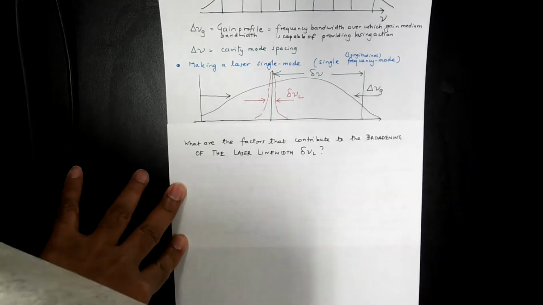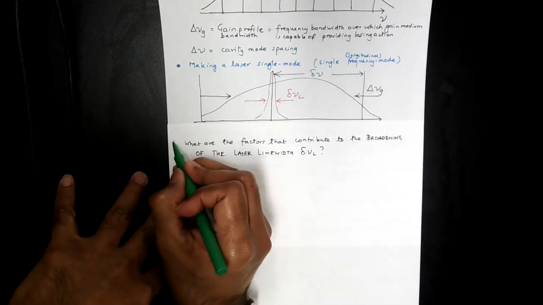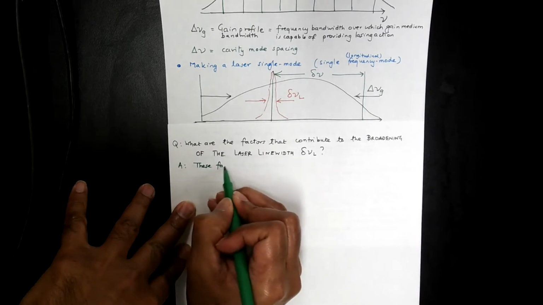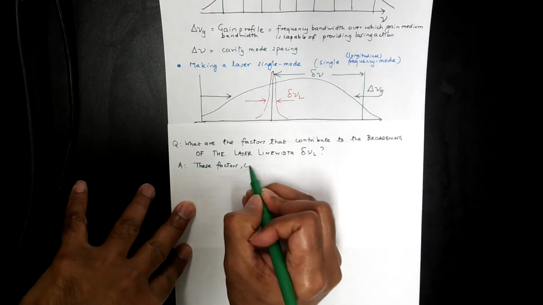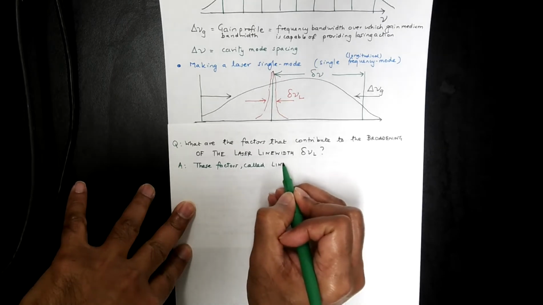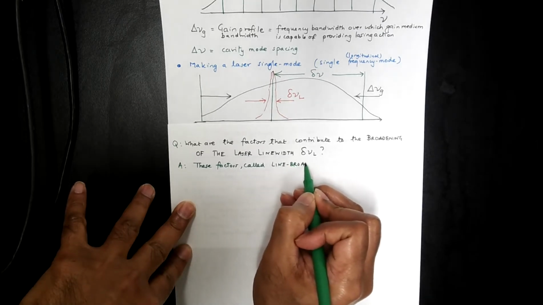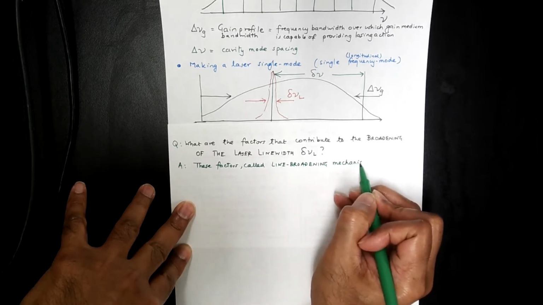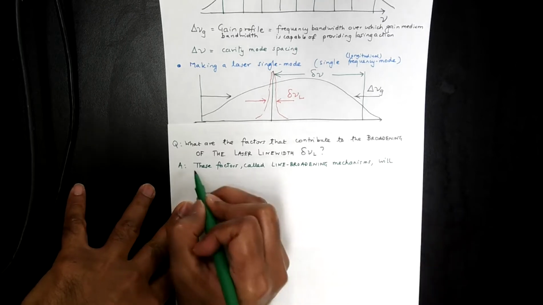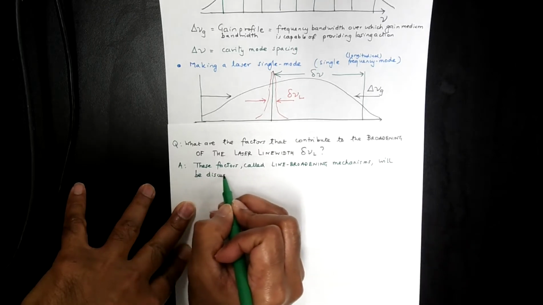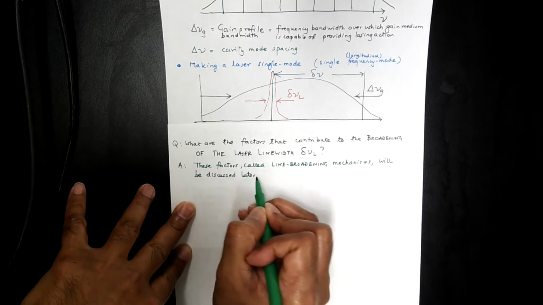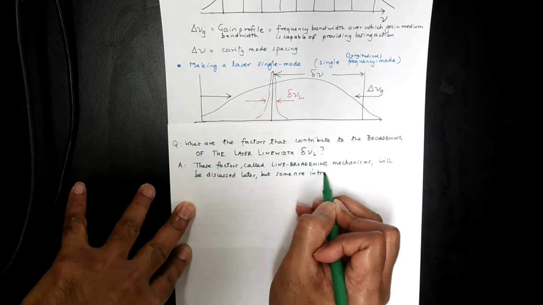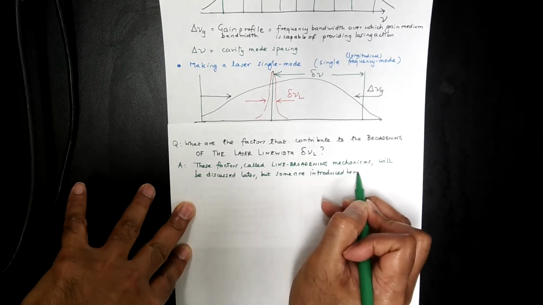So I should mention here that this is the question, and the answer is that these factors, called line broadening mechanisms, will be discussed later, but some are introduced here.